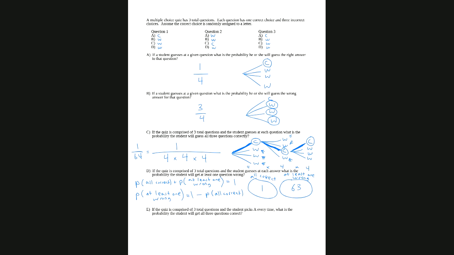And since we were able to easily solve for the probability of them being all correct above, we could just plug that in down here and solve for our answer. Now, if you get a common denominator for the fractions here, we'd get 64 over 64 minus 1 over 64. And that takes us to the final answer, 63 over 64. That's the probability of getting at least one wrong.